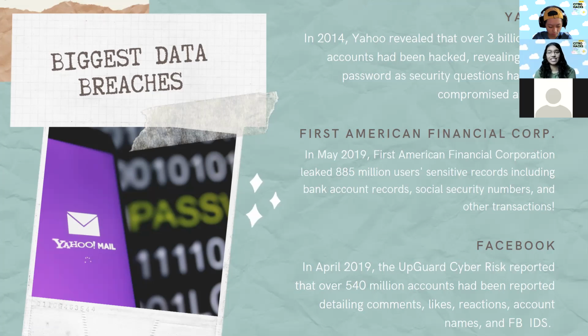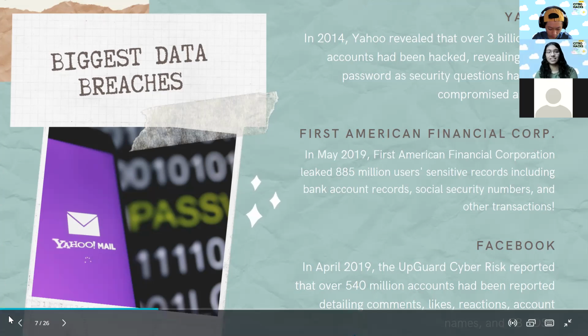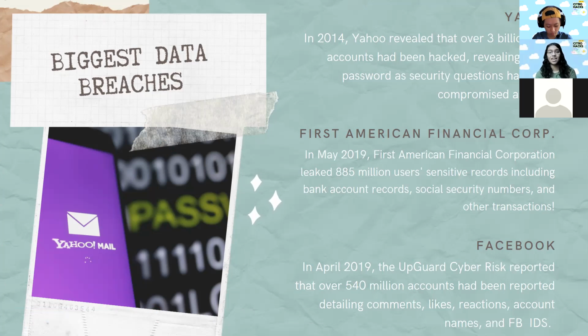In 2013, Yahoo revealed that over 3 billion user accounts had been hacked, which revealed the users' passwords and security questions, and those were compromised as well. Usually when these hackers get in, they come in contact with the passwords of each of the accounts. That caused a lot of damage to the users' information and different types of accounts that you can associate with your Yahoo email.